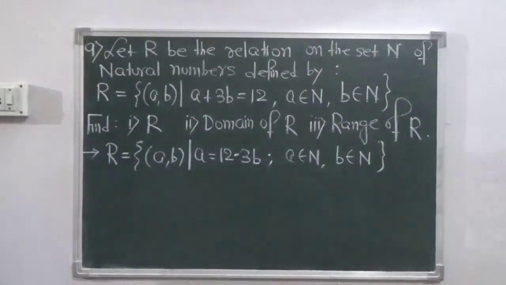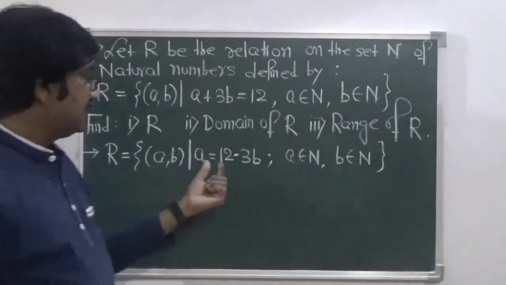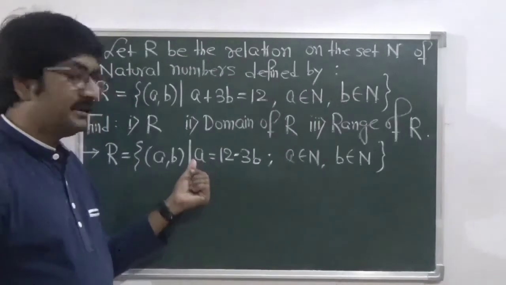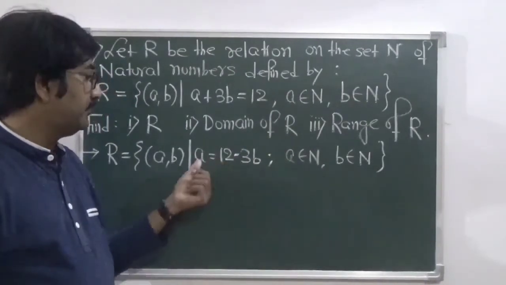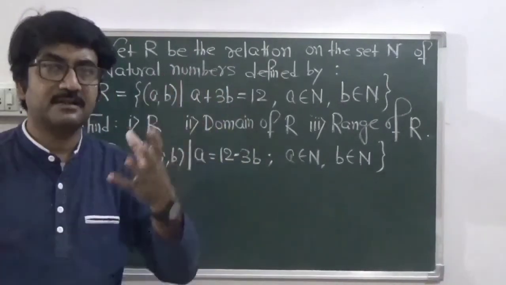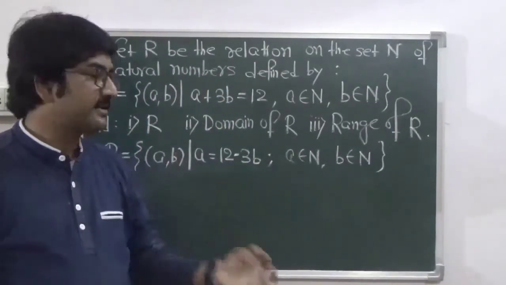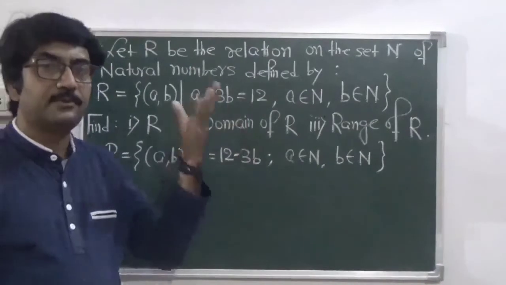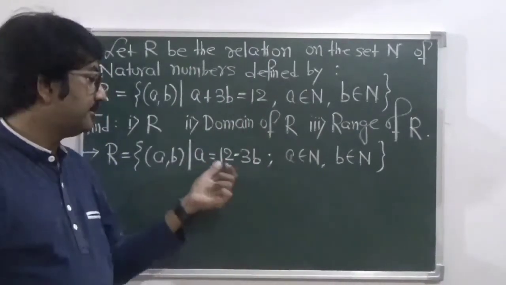You can see A and B are the two variables. The value of A can be obtained after putting the value of B. Now B takes the values of the natural numbers, so let us start with taking the values of B from 1 and then calculate the value of A.